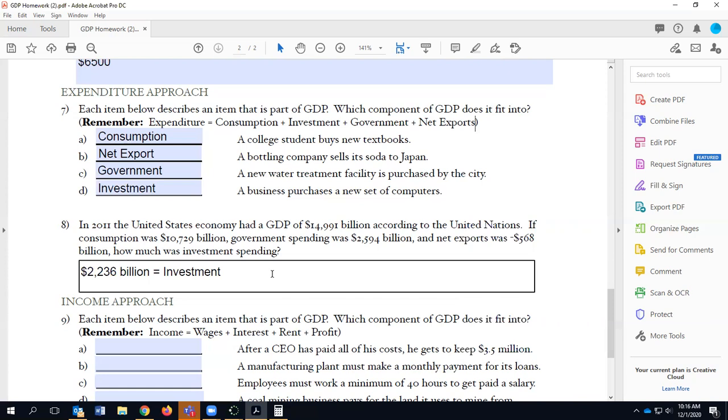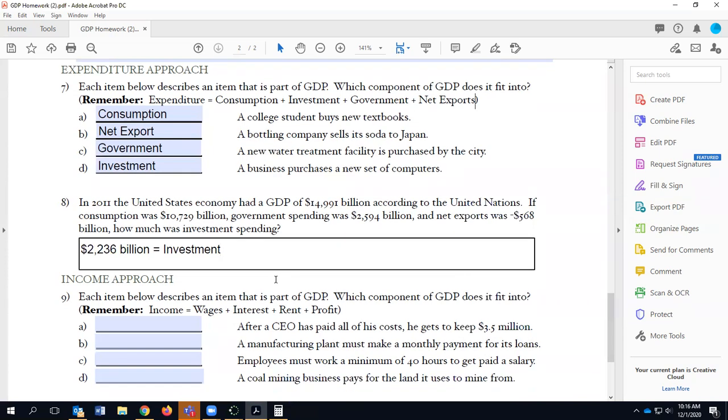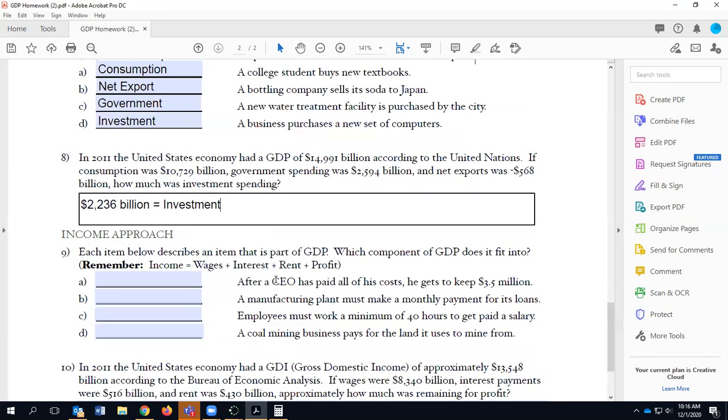Does that make sense, or is it clear as mud? Yeah. It makes sense. Let me know if it doesn't.